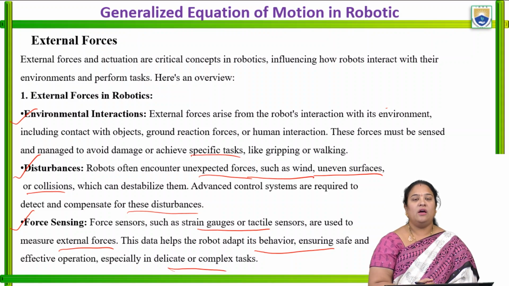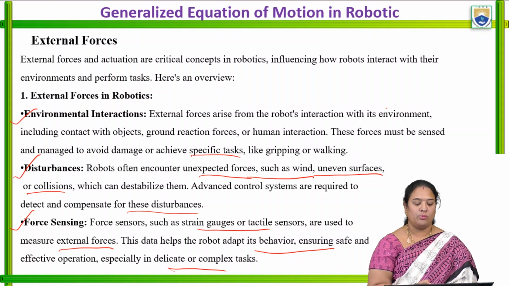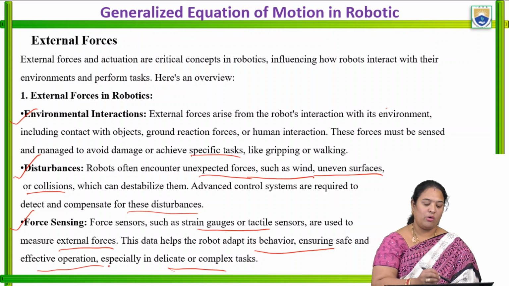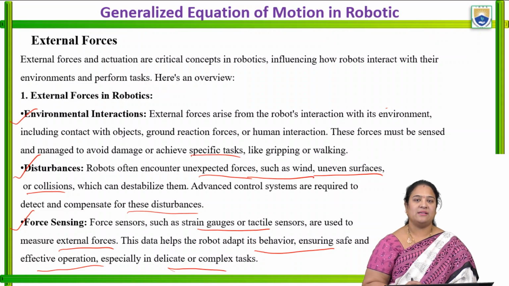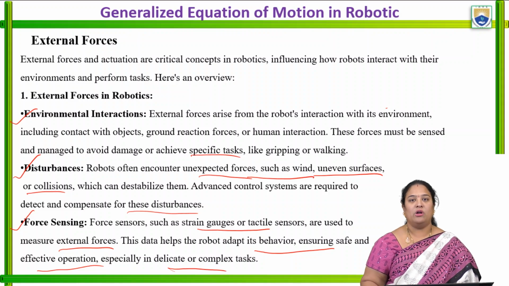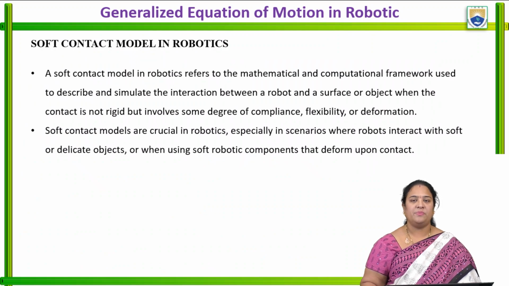So the robot should be able to sense the forces, whether for behavior, ensuring safety, complex tasks, or effective operations. Any robot should be able to sense external forces such as environmental interactions or disturbances coming from the environment, unexpected environmental conditions, with the help of force sensors.